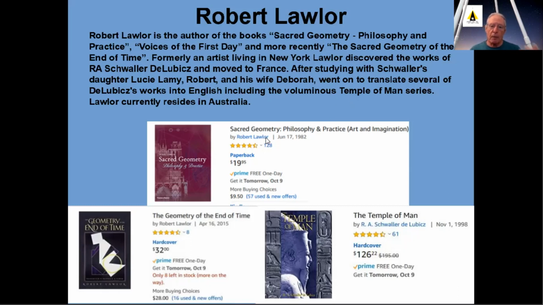That's the one at the top that we're going to be showing the diagram from. Voices of the First Day, and more recently, The Sacred Geometry of the End of Time. Now, I ended up buying that book. I haven't read it yet. I bought it in the hopes that since it was self-published, he might have, as Kenneth McLean was nice enough to do, contact information so I could get in touch with him, but he doesn't. So he's still an enigma. He's the mystery man, and we'll see what I'm talking about in a minute.